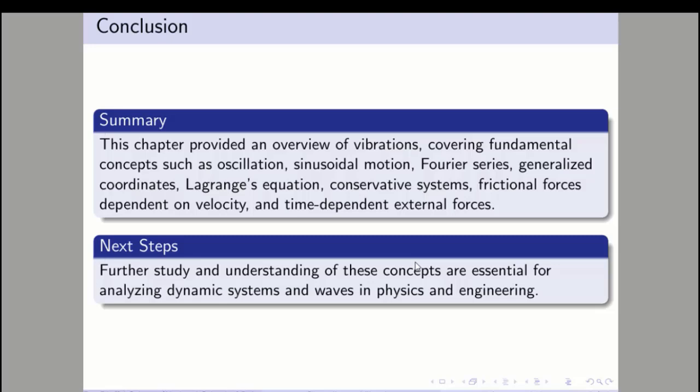Let's, for example, take one of the most important systems, like a robot. In order to understand how the robot vibrates, you have to start with its different parameters, which can be considered as the generalized coordinates. Then we put them into the Lagrange equation, and once we have this equation, we can understand how the system behaves properly.